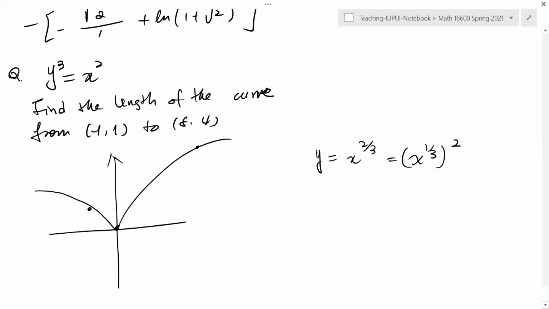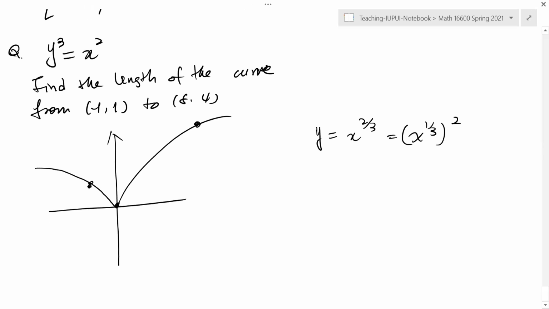The third root of x is defined for any x, and squares are always positive. That's why the graph is symmetric about the y axis. So it's not a smooth curve. The function is not differentiable at the origin.